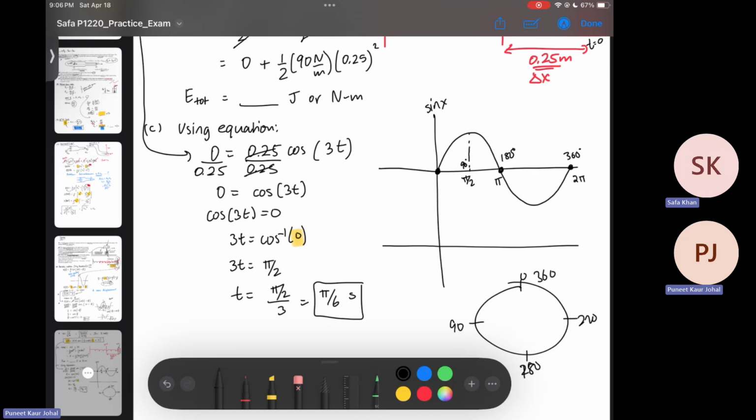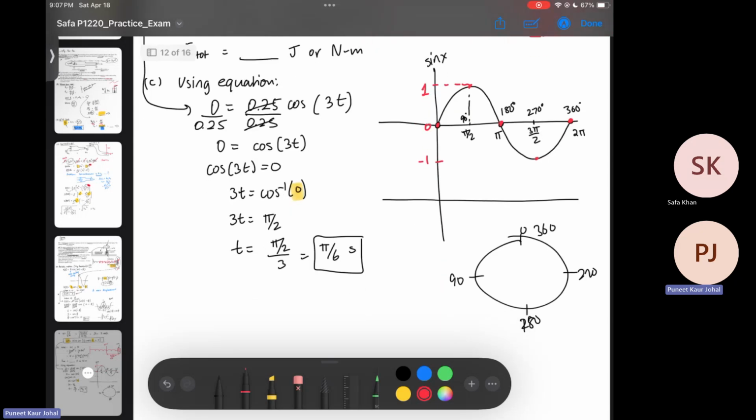Between 180 and 360, the half point is 270 degrees, which is 3 pi over 2. For the sine graph, the max is 1, which is reached at 90 degrees. Then you have 0, which is reached at 0, pi, and 2 pi. And the lowest point is -1, which is reached at 270 degrees or 3 pi over 2.